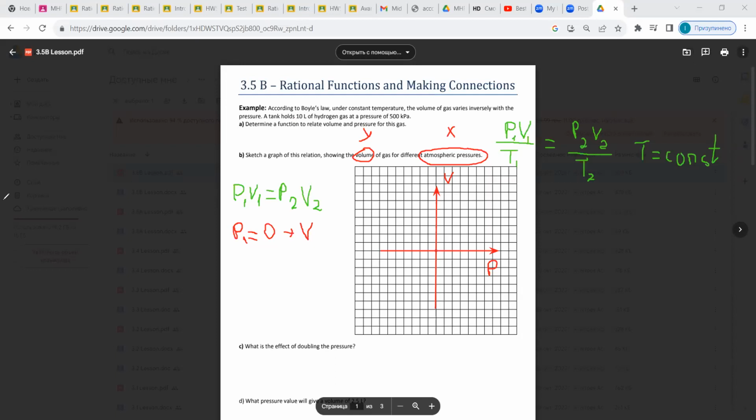But the result of multiplying pressure by volume would be different for different pressures. Is that clear? So in this case, volume equals 10 liters. Let me say volume is expressed in liters and pressure is expressed in pascals.